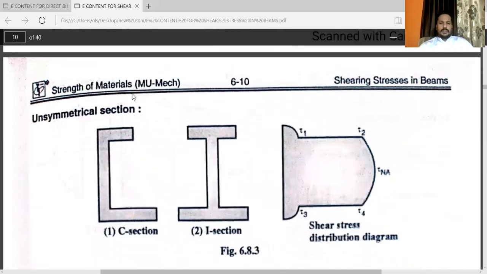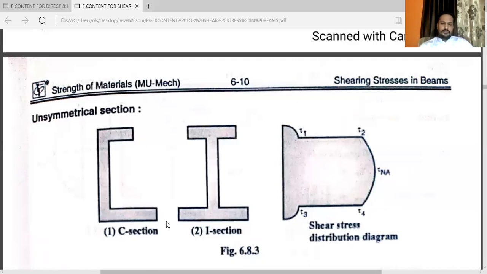You can see here unsymmetrical sections like the C section. This is an unsymmetrical I section. You can see the top flange and bottom flange dimensions are different. So the shear stress distribution is likewise, that is tau 1, tau 2, neutral axis, it is tau NA. This one is tau 4 and tau 3.